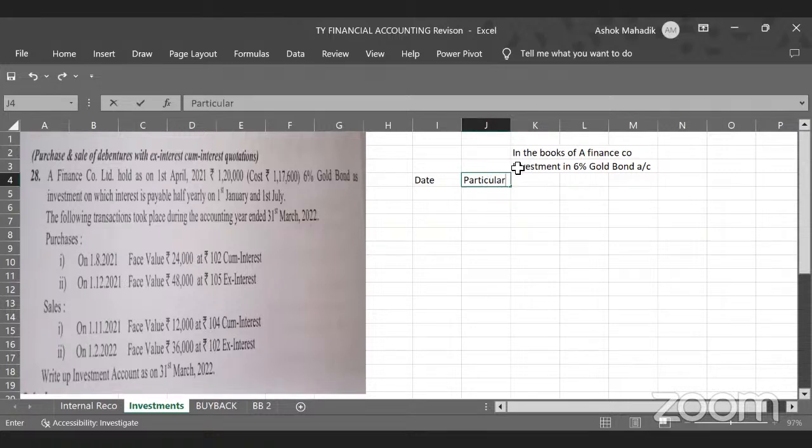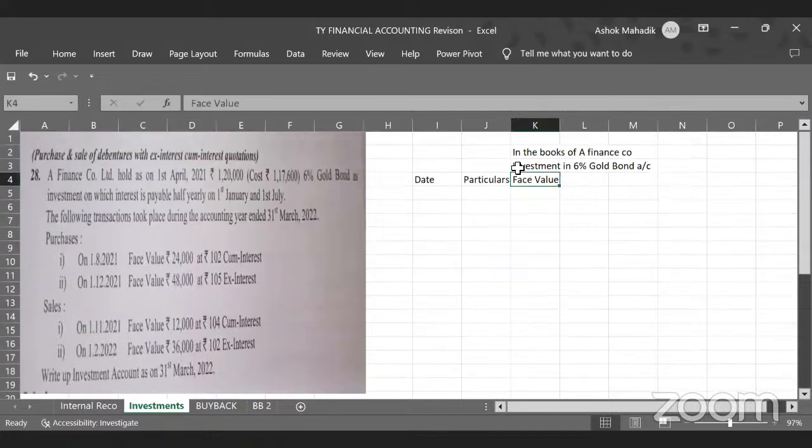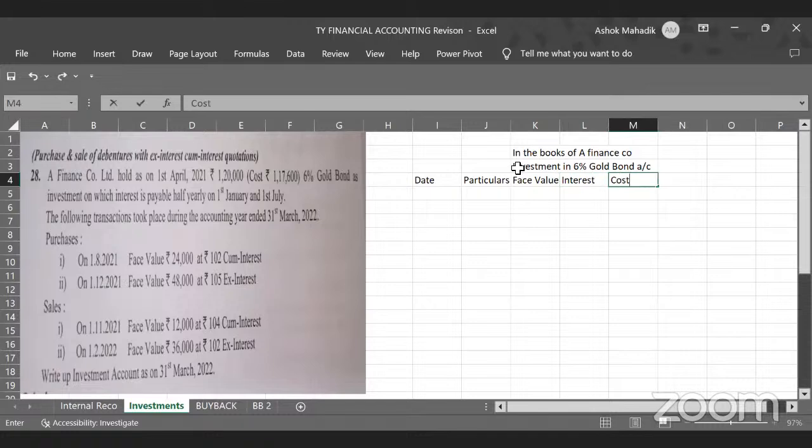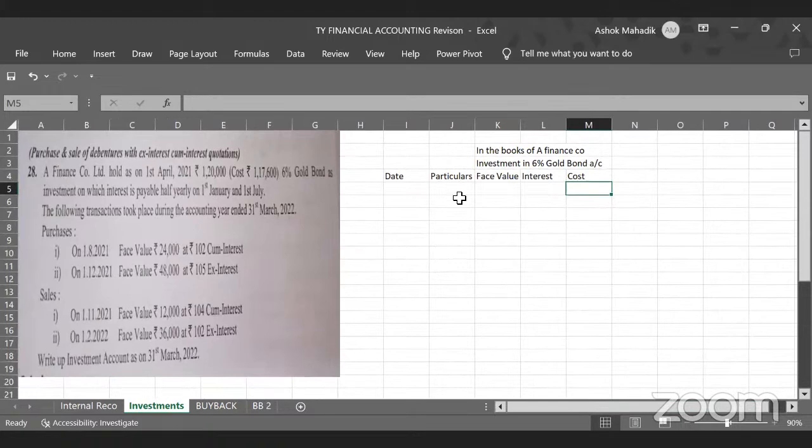I'm not drawing the journal for you. First, I need face value, then interest, then cost column. Okay. Then on credit side, the same columns I need.